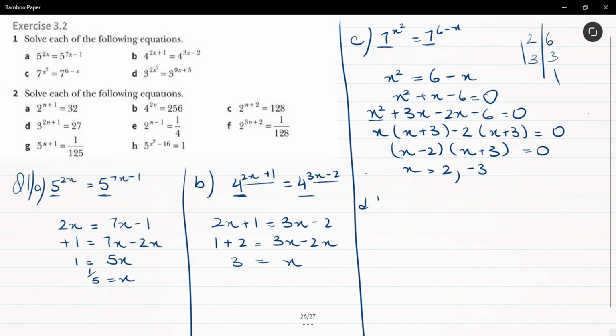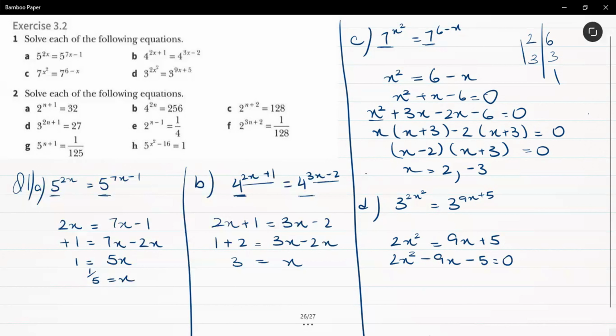For part D, we have 3 to the power 2x squared is equal to 3 to the power 9x plus 5. So we are going to say 2x squared is equal to 9x plus 5, and simplify this. 2x squared minus 9x minus 5 is equal to 0.